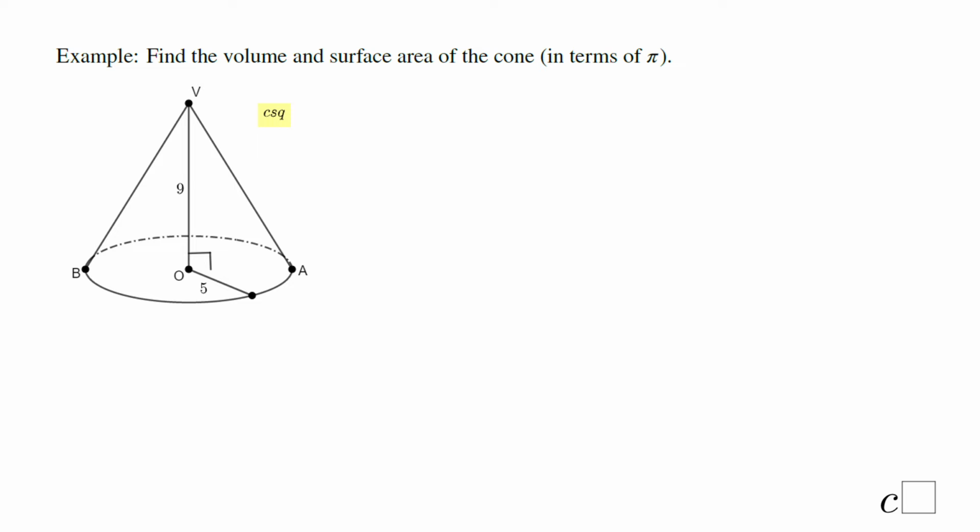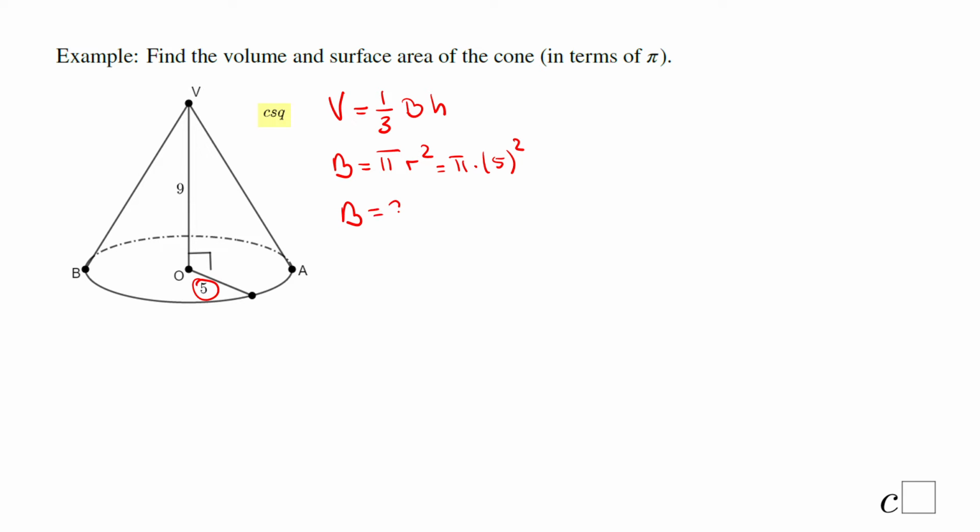So let's see an example here. Now we need to find the volume and the surface area in terms of pi. So we're going to start with the volume here. If you remember, it's 1/3 the area of the base times the height, the same as the pyramid. The only difference is that the base now is a circle, so the area is pi r squared, and the radius is this 5. So we have pi times 5 squared. We don't really need parentheses here, but I just want to show you how we replace r with 5.